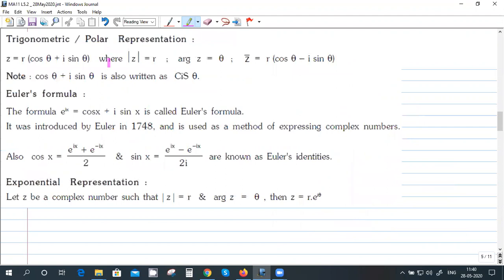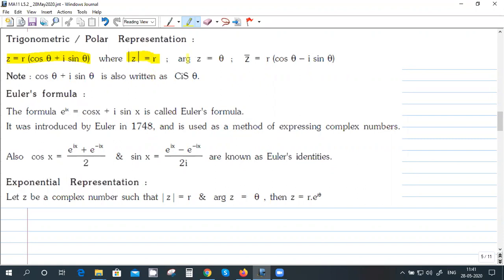Okay. So the same thing. The complex number z is the same as r into cos theta plus i sin theta, as you said. And the modulus of z is the square root of x square plus y square, which is equal to r.